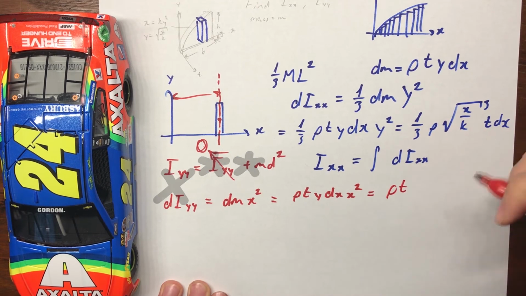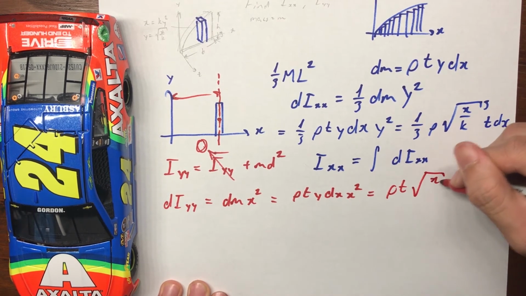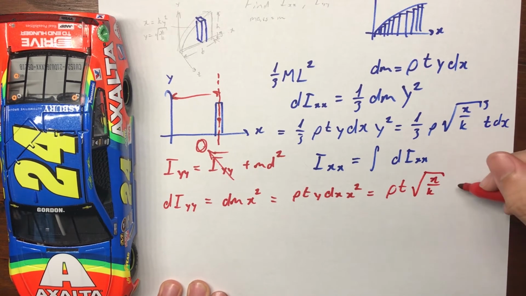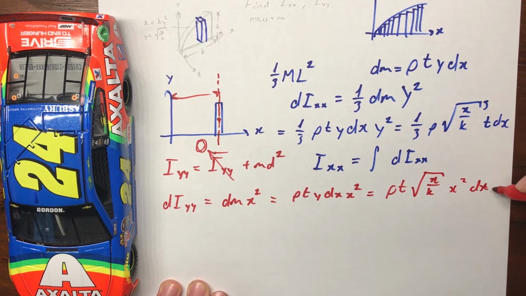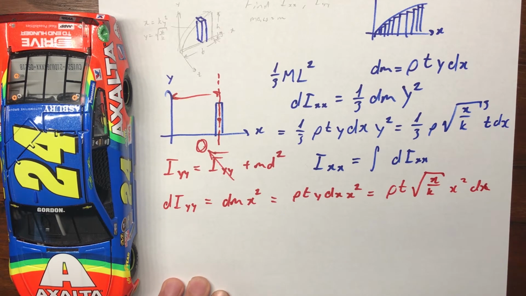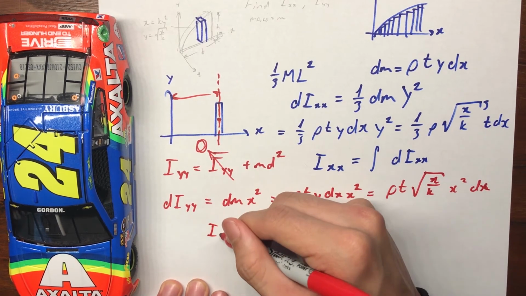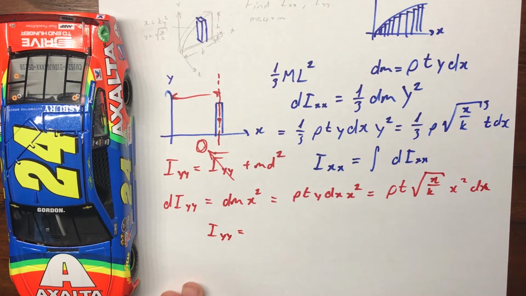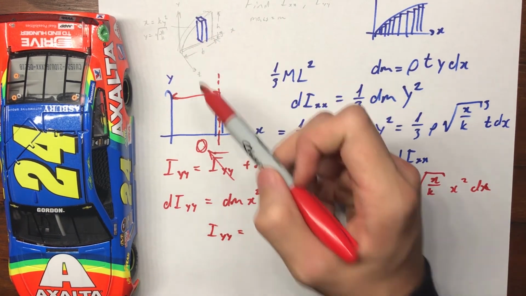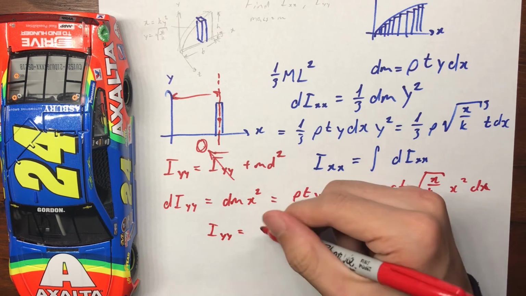And that's pretty cool, right? x squared dx. And the mass moment of inertia for the entire solid is just the sum of all the rectangles.